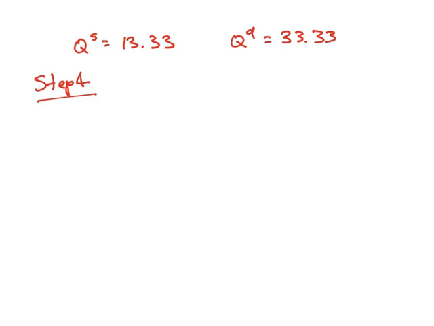Now the next step, we want to find out what the price is in this market with this level of demand and supply. Okay, so recall we've got demand P equal to 130 minus 2 times the quantity demanded, which is approximately 63.3.